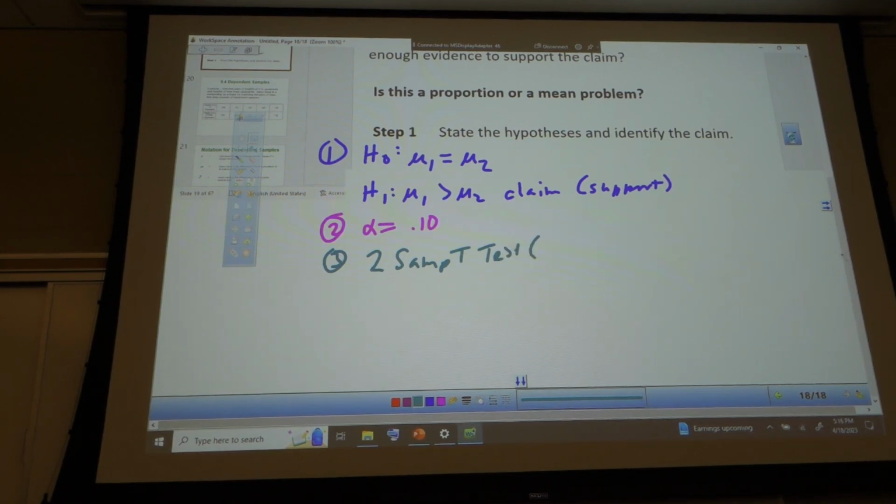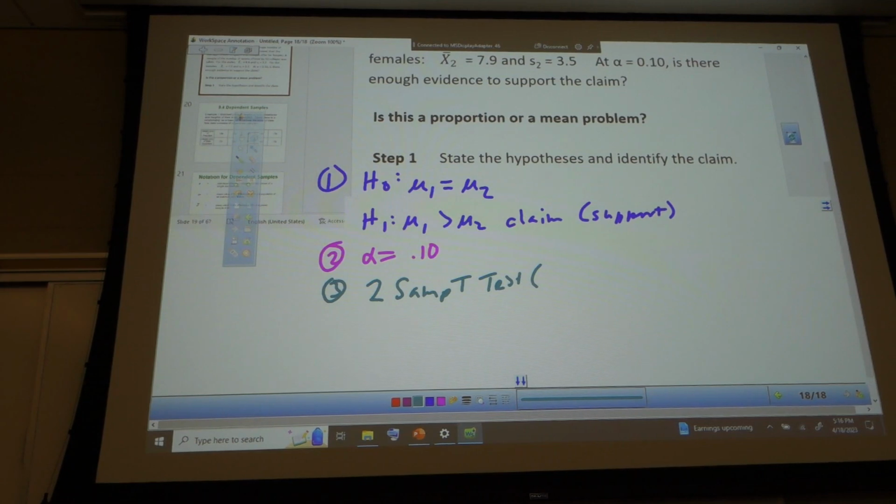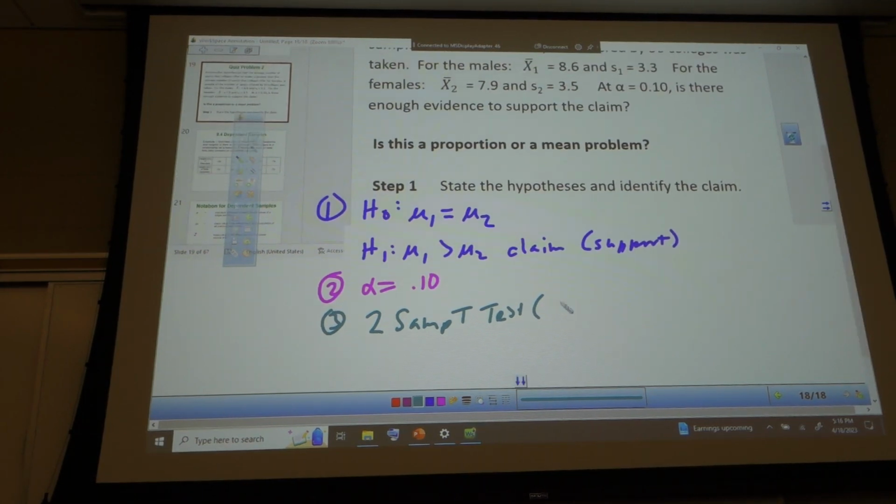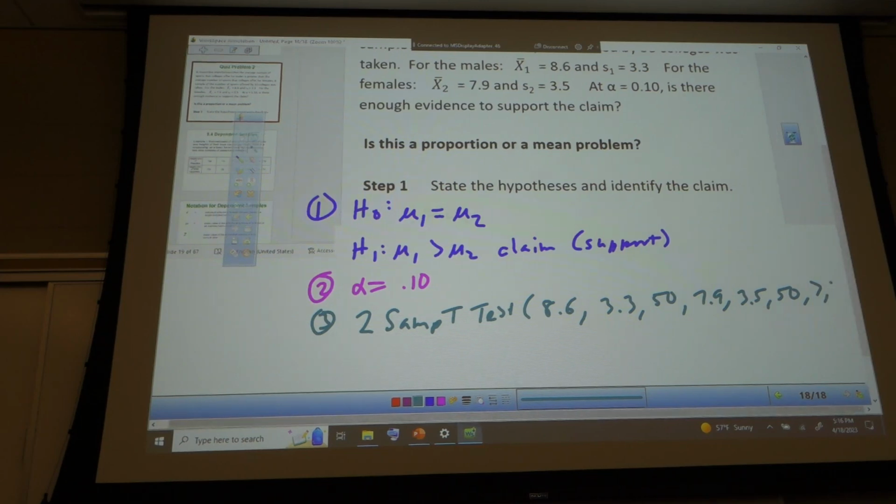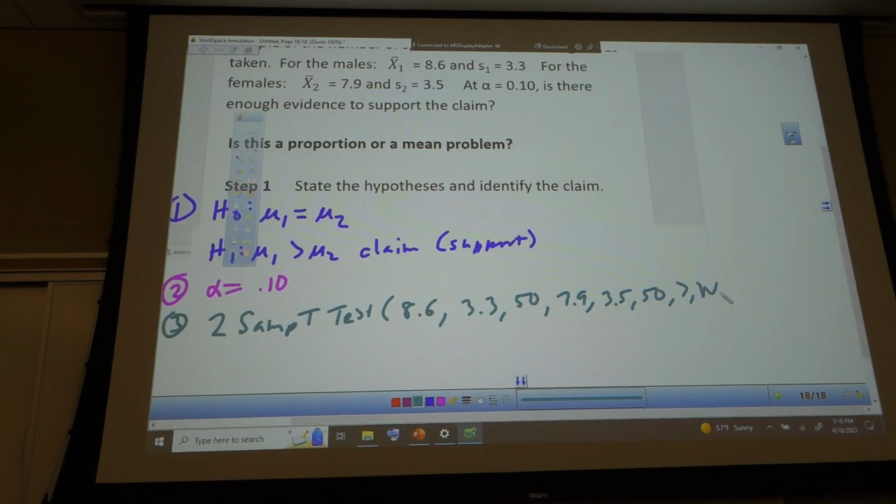And I'm going to input x1, s1, n1, x bar 2, s2, and n2, then greater than. And of course no for the pool.